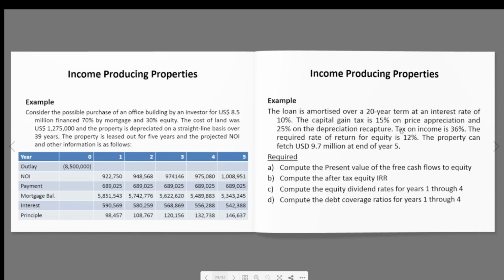The required rate of return for equity is 12%. The property can fetch 9.7 million at the end of year 5. So we're required to compute the present value of the free cash flows to equity. With that, let us cross over to Excel.